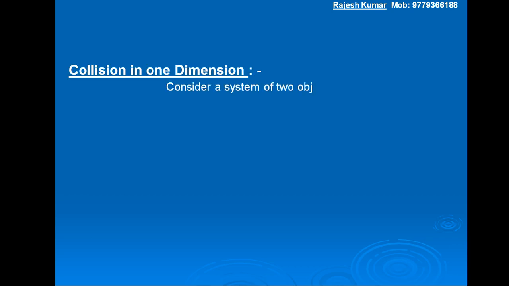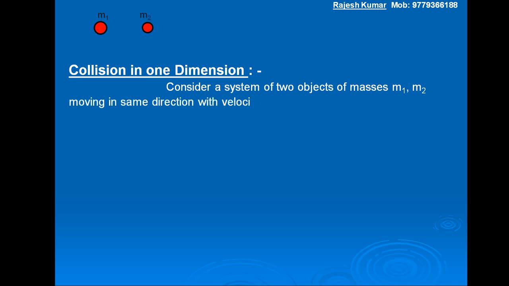Consider a system of two objects of masses m1, m2. Suppose this is the object of mass m1 and this is the object of mass m2, moving in the same direction with velocities u1, u2 respectively.